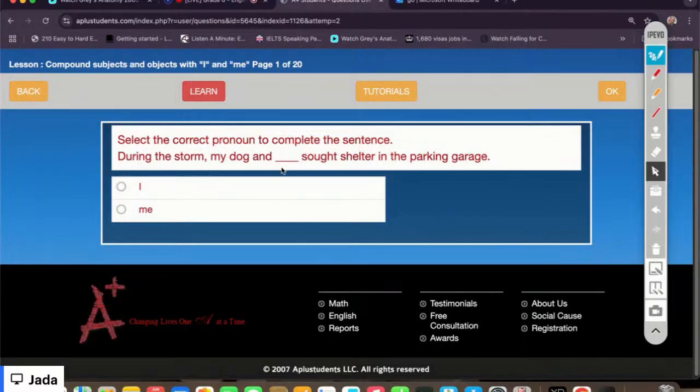During the storm, my dog and Dash sought shelter in the parking garage. I or me, which of them?